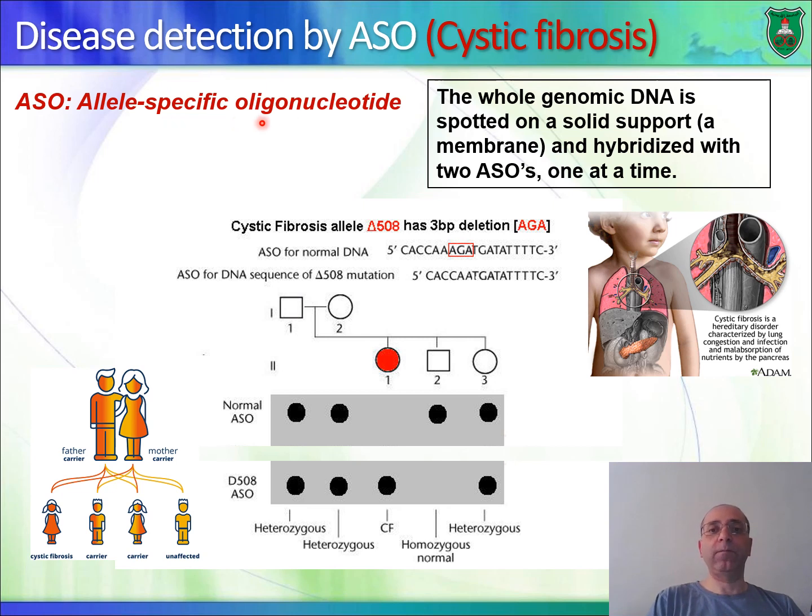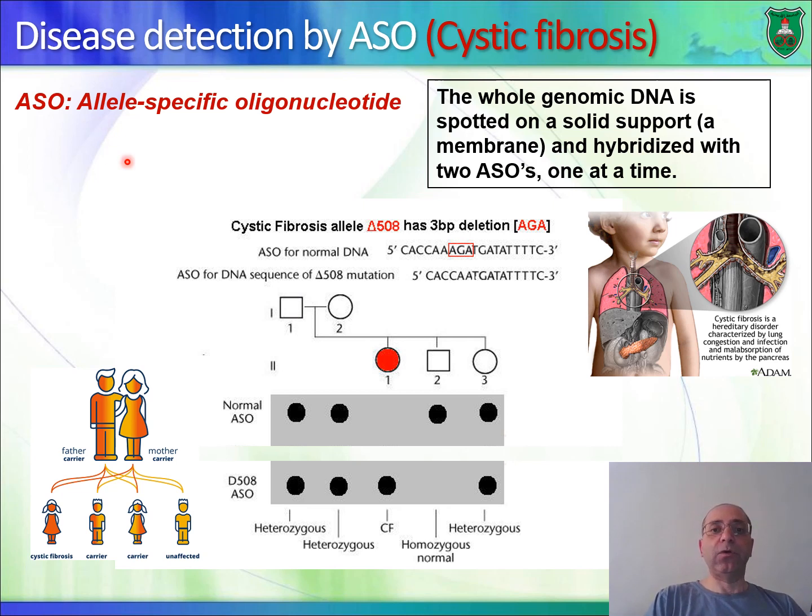We've already defined an oligonucleotide: a short nucleic acid, a probe, in other words. And this probe is allele-specific, meaning that it detects an allele, the allele with the mutation, the mutated form of the gene.